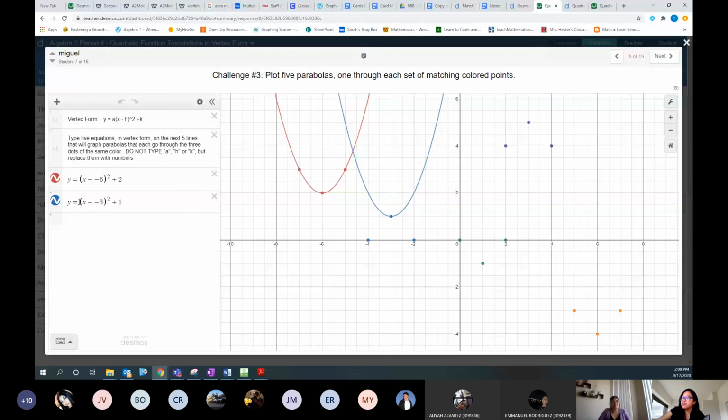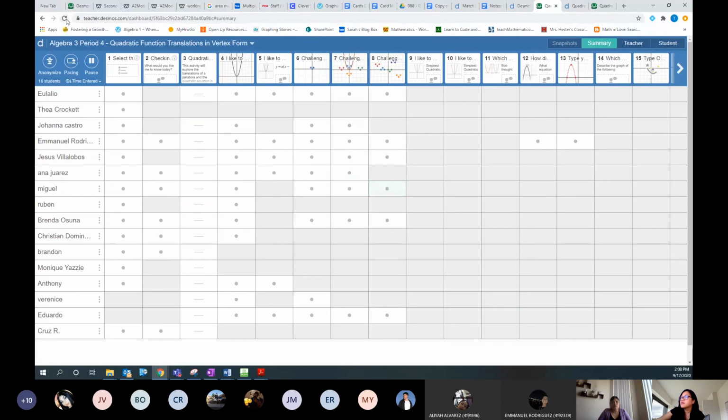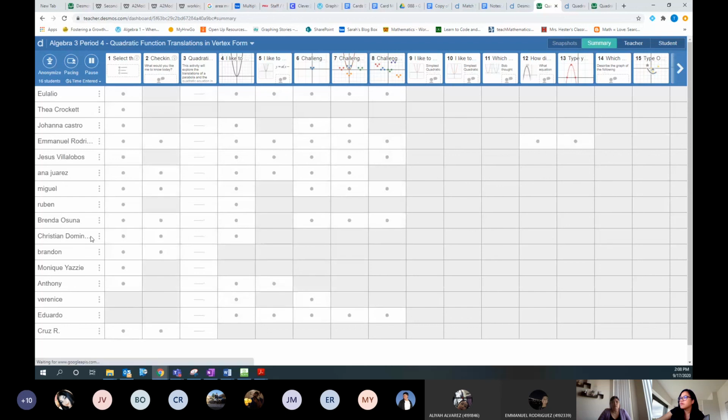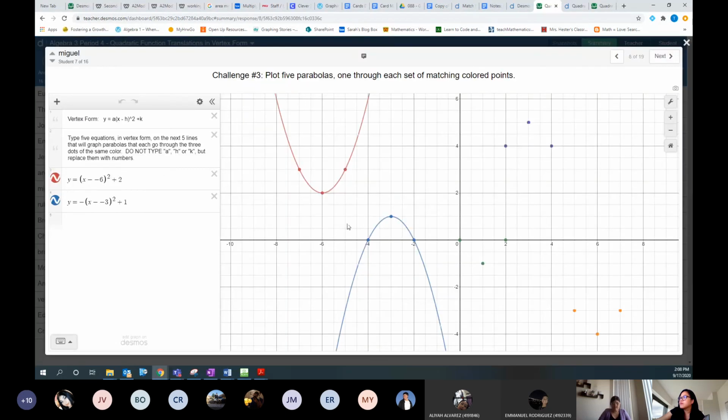Then you need to change the A. So it's either positive or negative. Yep. Cool.